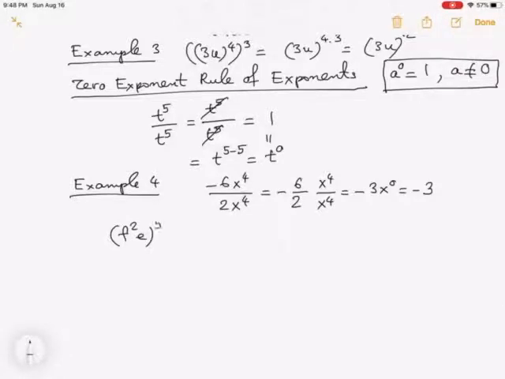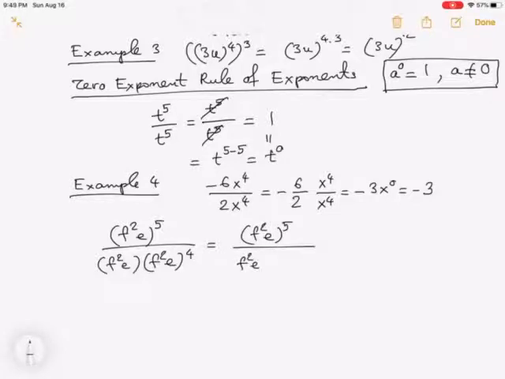Next, f square e to the power 5 divided by f square e times f square e to the power 4. So this is f square e to the power 5 divided by f square e to the power 1 times f square e to the power 4.